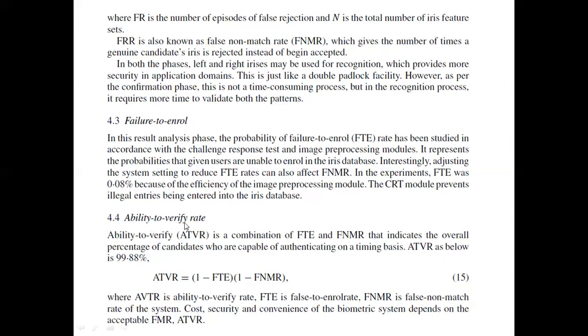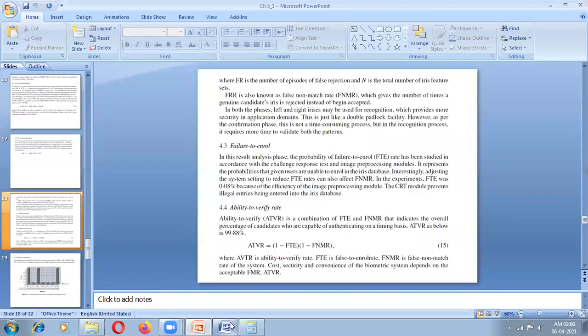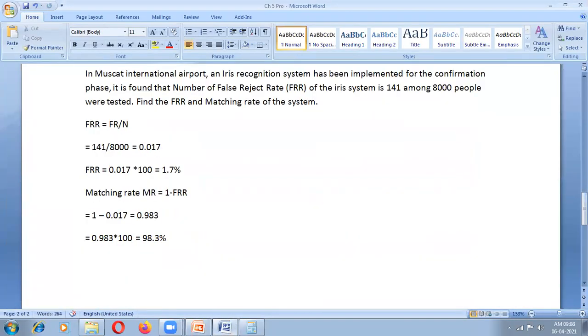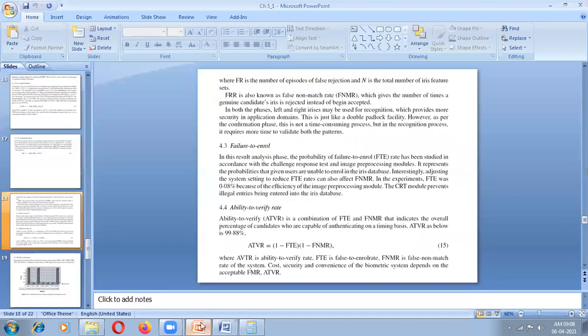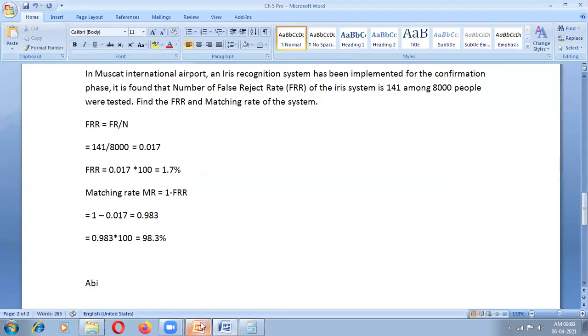The ability to verify rate is equivalent to another formula also available: 1 minus failure to enroll rate, multiplied by 1 minus FRR.